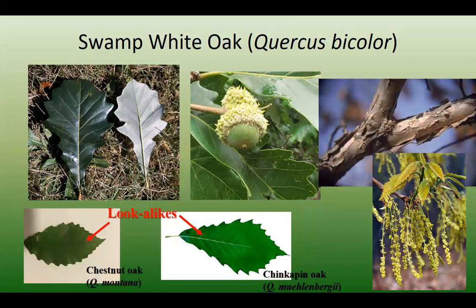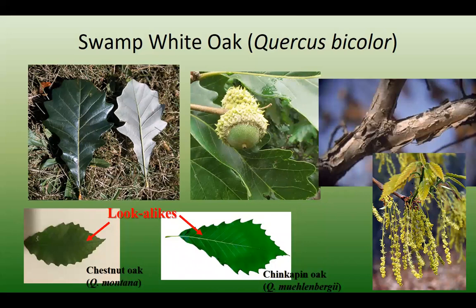The leaf is white on the underside, and the way that it's white is because it's got long white hairs on it. And so in this picture, you can see that the leaf doesn't have as many of the deep lobes as the regular white oak, but it's got some lobes.